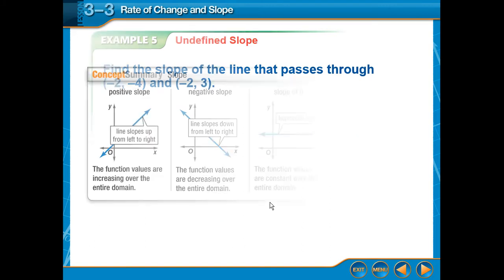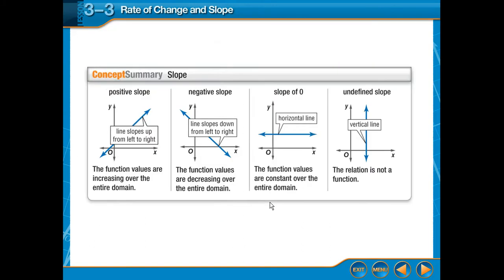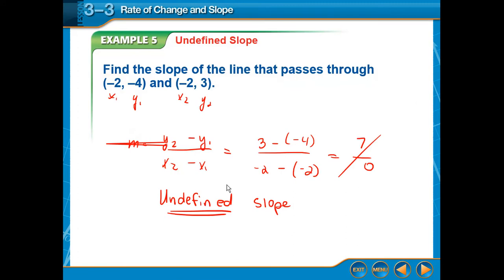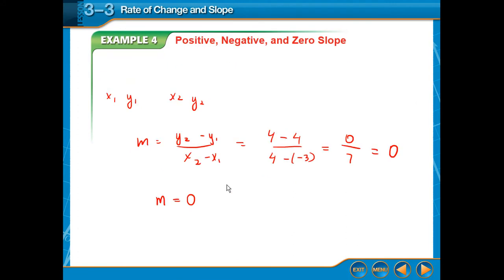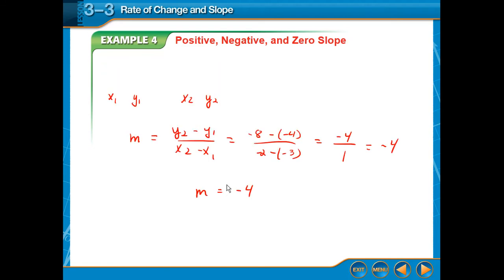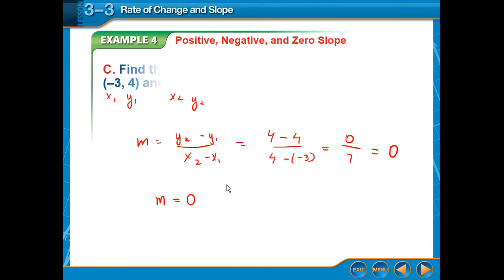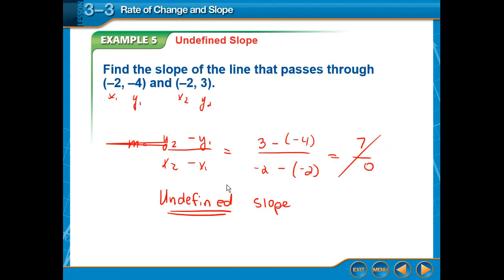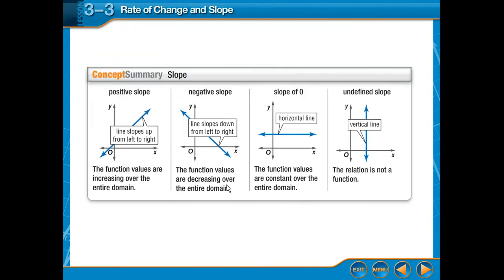All right, so just a quick review. If you have a positive slope, it means there's no negatives. In this case, that one's negative, and our first one was positive, okay? So what they look like on a graph: a positive slope increases, so if you're moving from left to right, it's going to be going up.